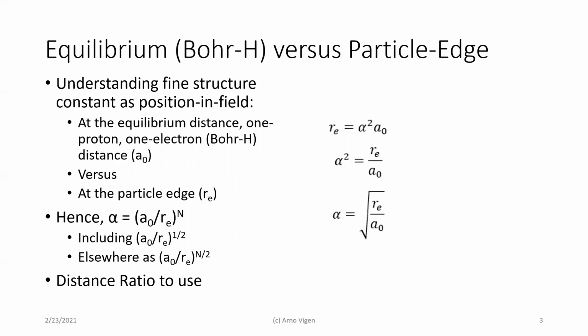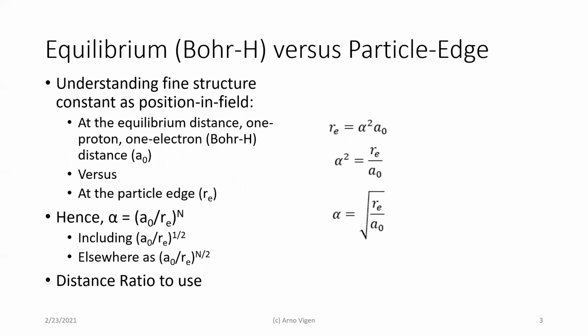Although I don't like the wording constant, this is the equilibrium versus edge scaling factor because it applies in the exponents. It is not a constant. Hence, you will find this alpha in many places throughout chemistry, physics, subatomic physics, and even quantum physics.